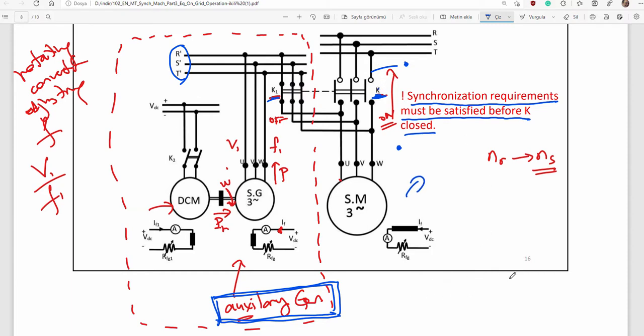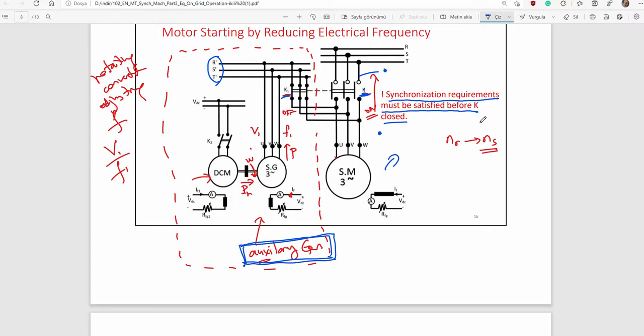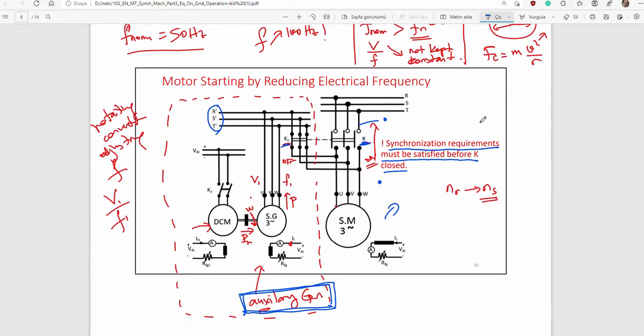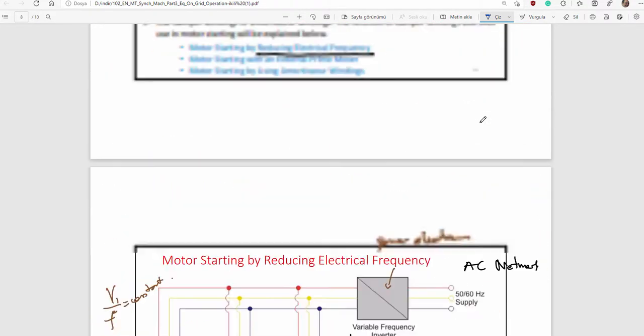Then you want to start another motor, again connect the auxiliary system, start it up and then connect it directly to the network. But it is not used right now. What you can perhaps see in the old setups, that is another method you can manage.